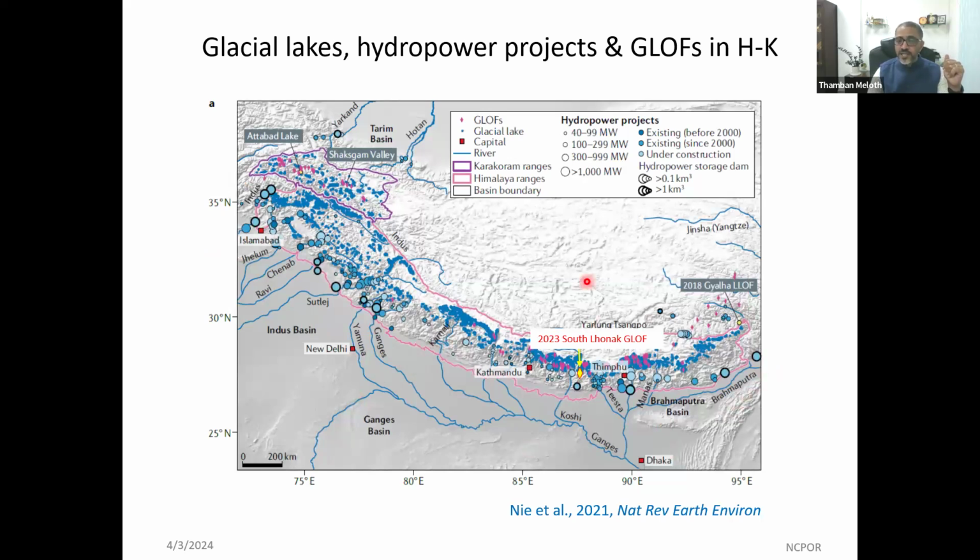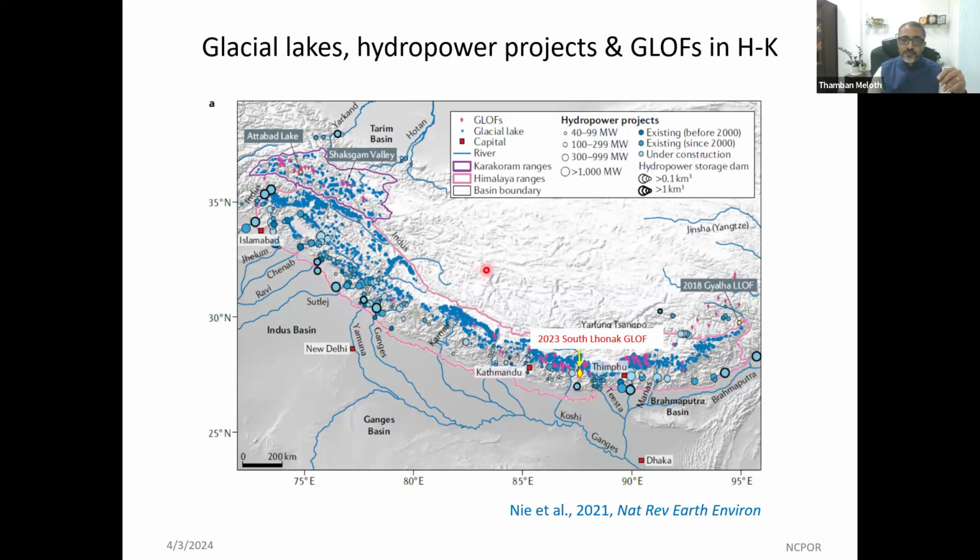And especially in the eastern Himalaya, you find these GLOF events have been becoming larger and bigger. One very classic case was a very recent one, which happened in 2023 at South Lhonak, the GLOF event, which was being predicted for quite a long time. But nothing could actually be done because of various reasons.